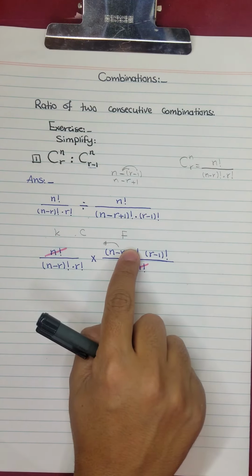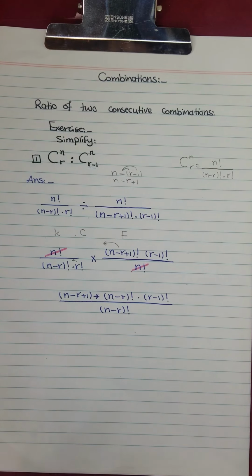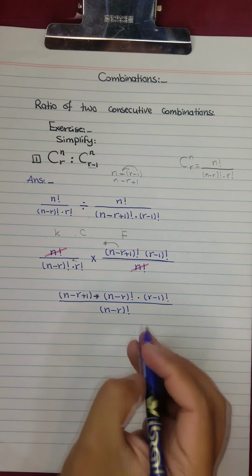I can cancel it. But the r here, r is bigger than r minus 1. This is bigger, r. This is r minus 1. So this one is bigger. So let's take it out. If you take it out of the factorial, you will subtract 1 from it. So it will become r minus 1. So you write r outside the factorial, and then times (r minus 1) factorial.